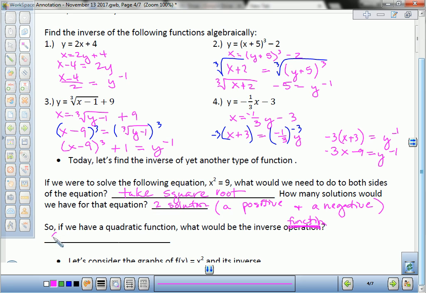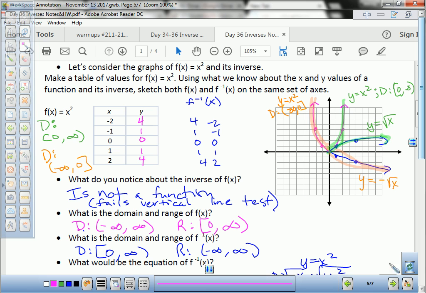And it would be a square root function. All right, now, I say function and I say it lightly here because of what happens when we find the inverse of a quadratic. It's actually not a function. It is an inverse, but it's not a function.